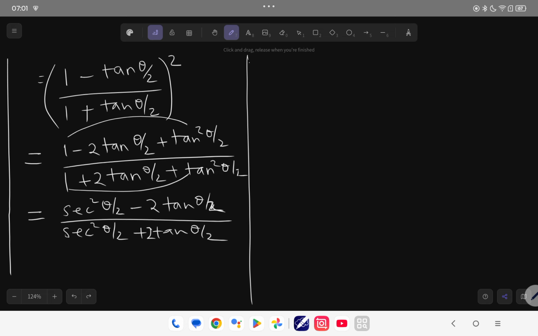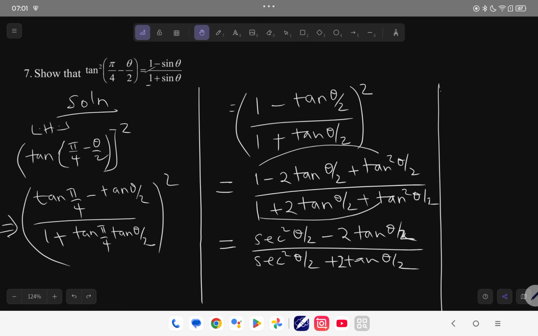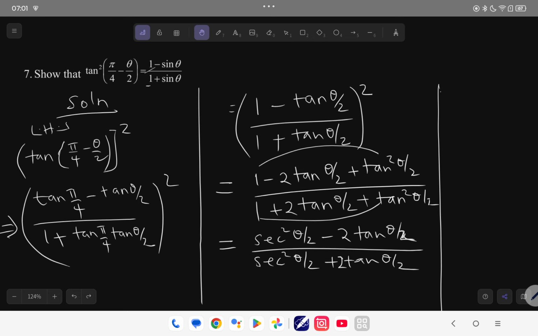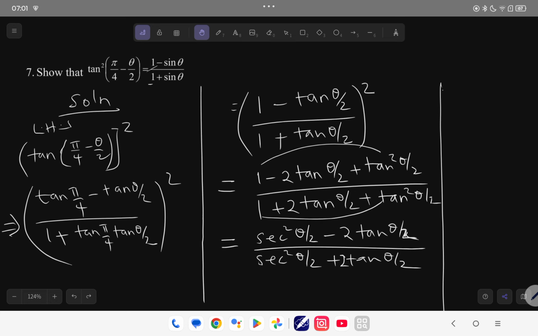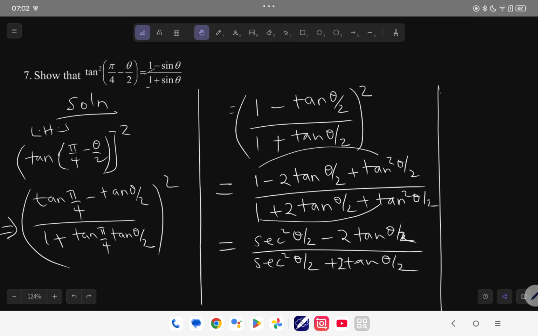When you look at our expression, at our proof here, there is a 1 there. So how do I create the 1? I have to divide by whatever is in that place. So I have to divide through by sec squared theta over 2. And dividing by sec squared theta over 2 to bring a 1 is the same as multiplying this sec squared theta over 2 by cos squared theta over 2.